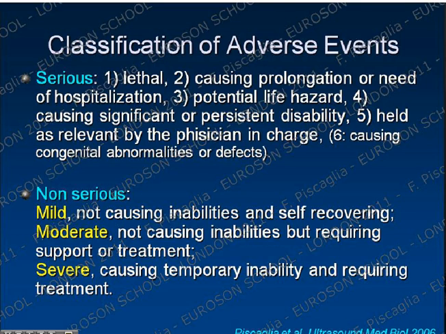The collection of the events was categorized in serious, according to the Italian ministry, which are events which had a lethal outcome, or caused prolongation or need of hospitalization, or were considered of potential life hazards, or caused significant or persistent disability, or were just held as relevant by the physician in charge. Or clearly the classification also implies causing congenital abnormality or defects, but these were never utilized, and so there is no report up to now of any such situation.